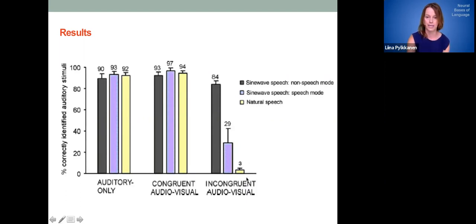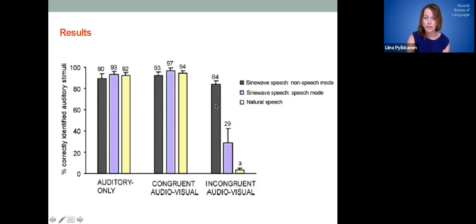And then we have the sine wave data. You can immediately see that they're really different from each other. When we're in non-speech mode, your accuracy goes down a little bit, but not too drastically. But the effect is much bigger when you're in speech mode. These are the sine wave stimuli that you're now processing as speech.